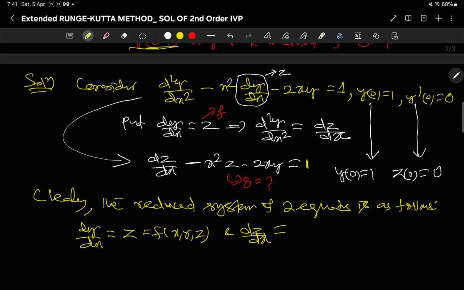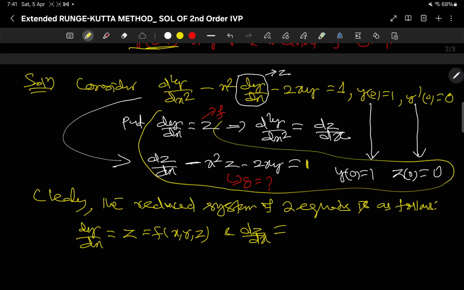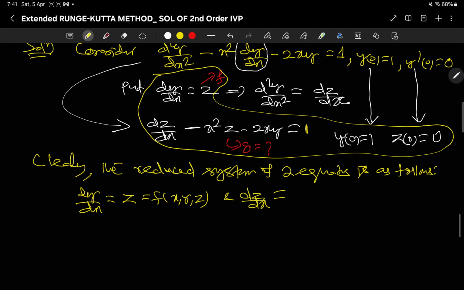So this is my right hand side and this is my reduced system. So here solving, dz by dx becomes 1 plus 2xy plus x square z, with the conditions x0 is equal to 0, y0 is equal to 1, and z0 is equal to 0.